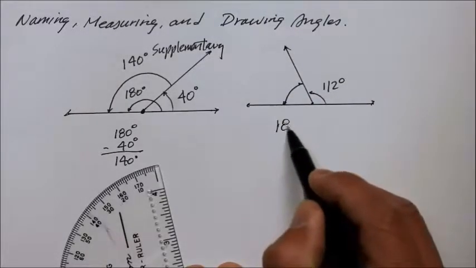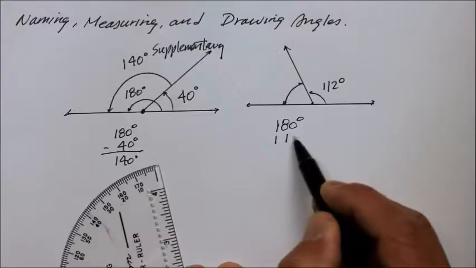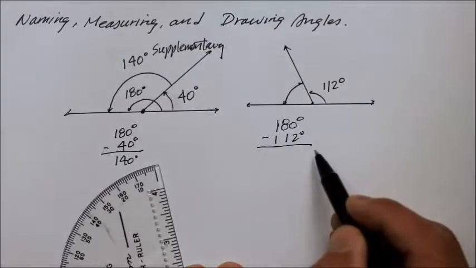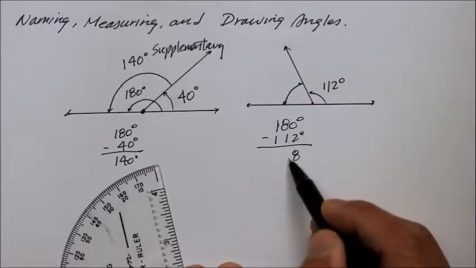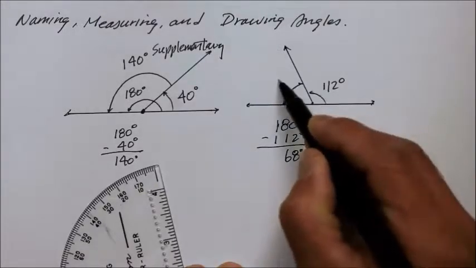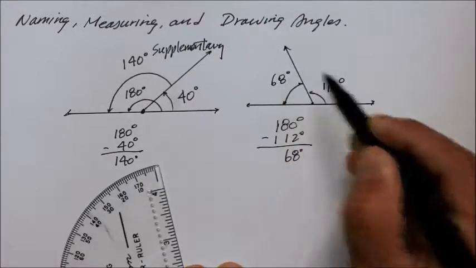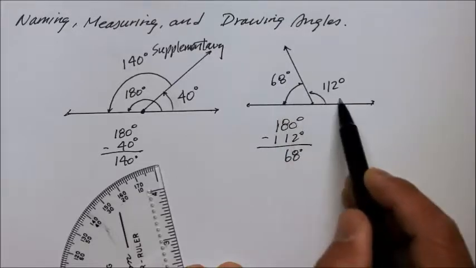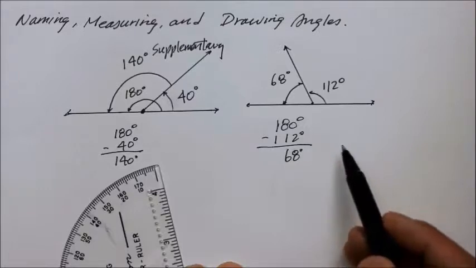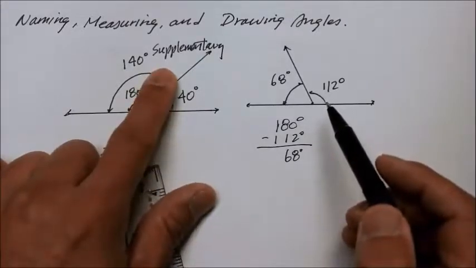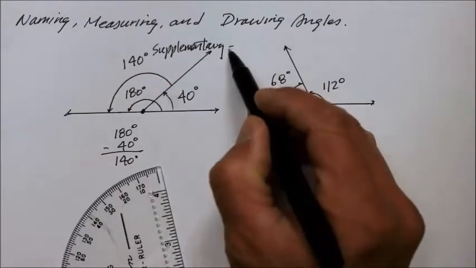Again, it's 180 minus 112 this time. So what remains is, let's see, 8, borrow the 7, so 7 minus 1 is 6. So the remaining angle will be 68 degrees, and that will be supplementary to the 112, which forms a straight angle, or the 180 degrees. So supplementary angles add up to a total of 180 degrees.